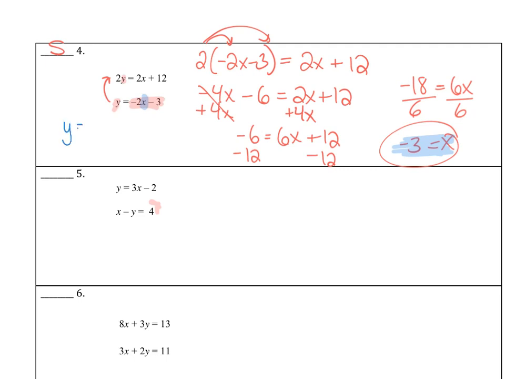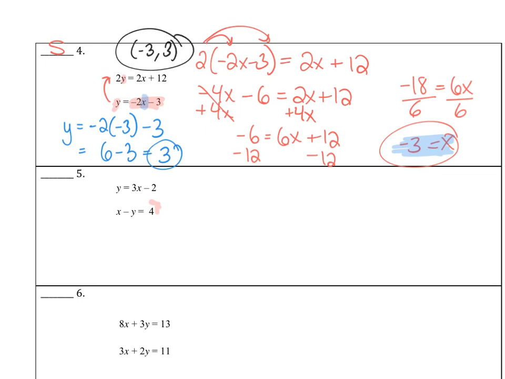So you have y equals negative 2 times negative 3, because that's my x, minus 3. Negative 2 times negative 3 is 6, minus 3, which is 3. So our final answer here as a solution to this system of equations would be negative 3, 3.